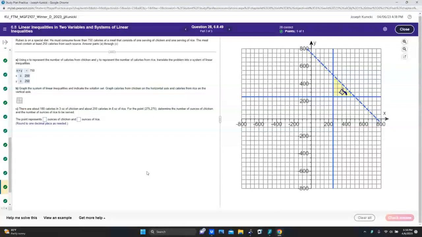And then there's 200, so 8 ounces of rice equals 200 calories. It says for the point (275, 275), which is in their feasible region, but it's not a corner point. So they're changing up here slightly, but we can still do this. It says for the point (275, 275), determine the number in ounces of chicken. So we set this up as a proportion, 2 proportions.